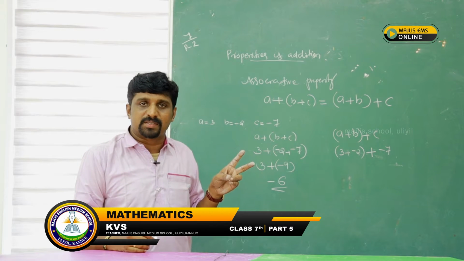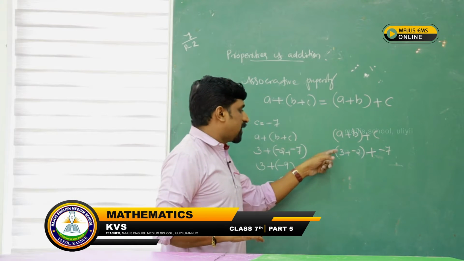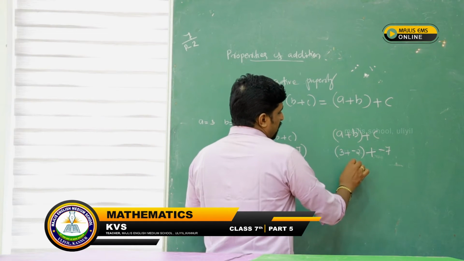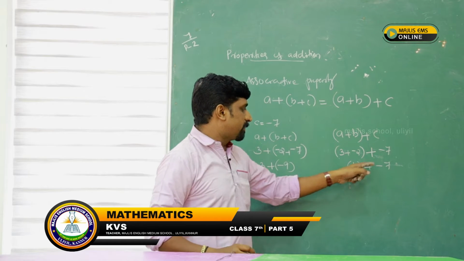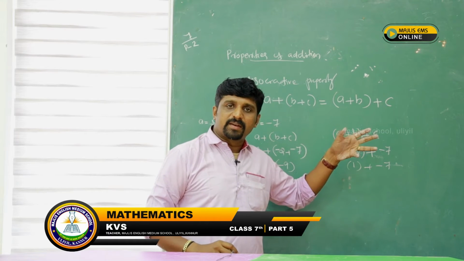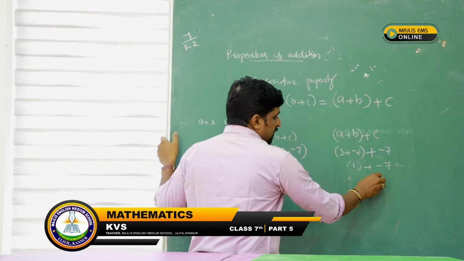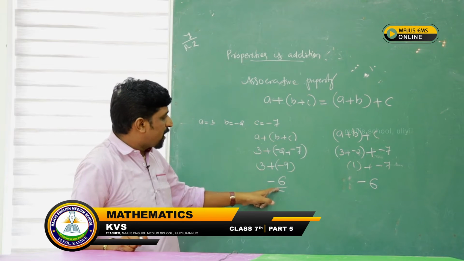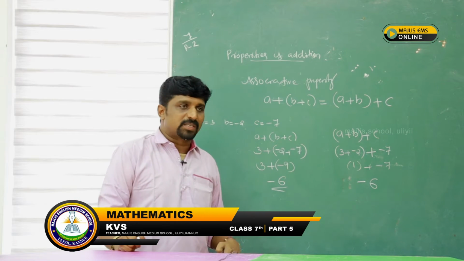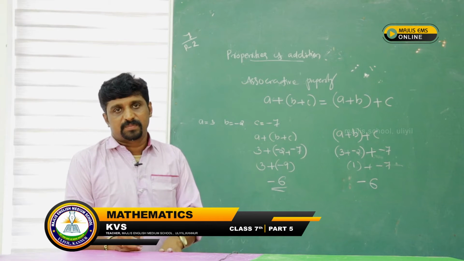Positive and negative numbers, so we subtract and put the greater symbol. 3 minus 2 is 1, and 1 is greater, so the answer is 1. Then 1 plus minus 7, again different signs. We subtract, 7 minus 1 is 6, and the greater number's symbol is minus, so we get minus 6. Here also we got minus 6. This is known as the associative property of integers.